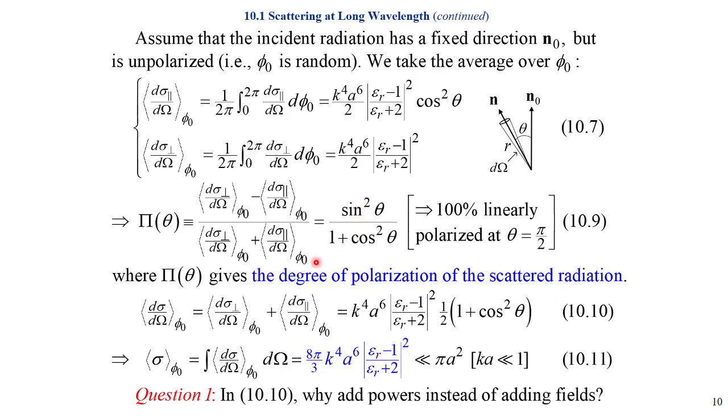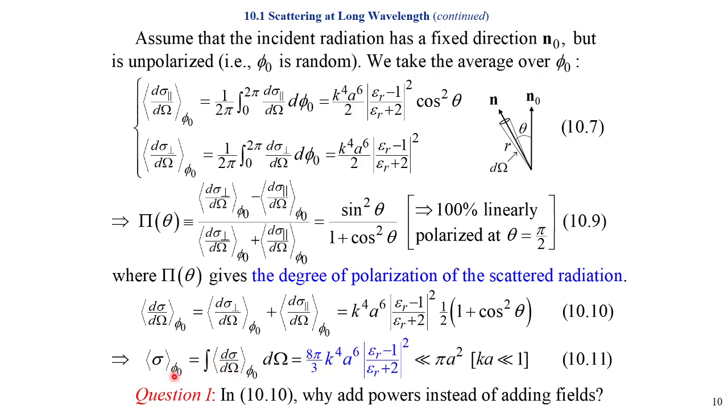Okay. So the total cross section equals the sum of these two. The theta performs the angle average, we got the omega performs the angle average.